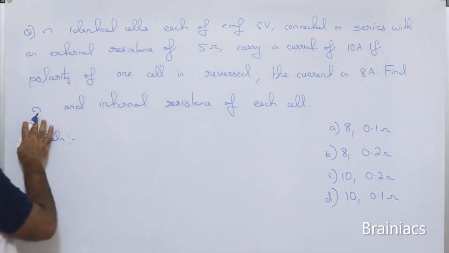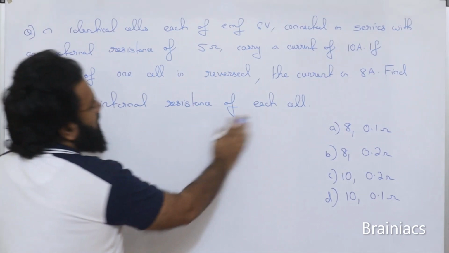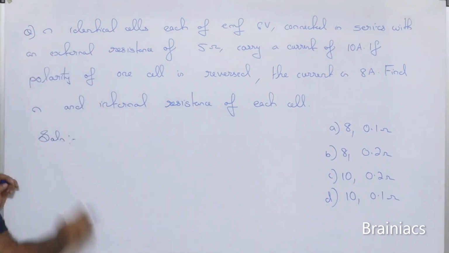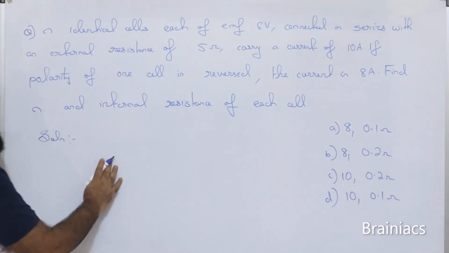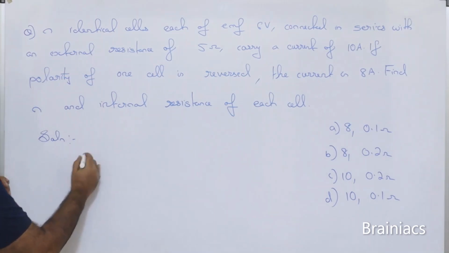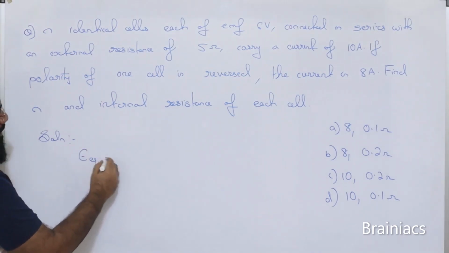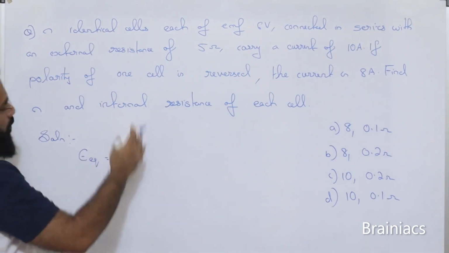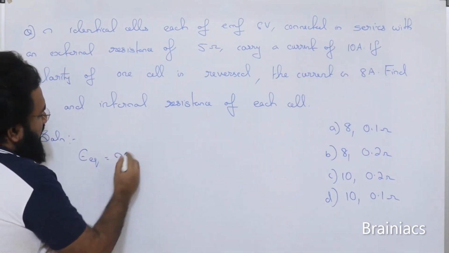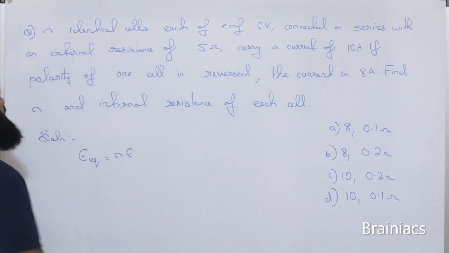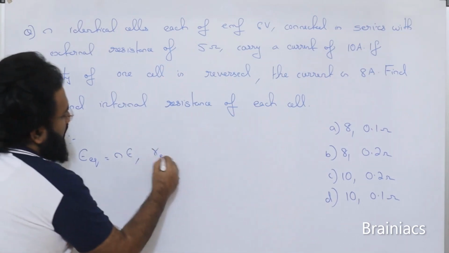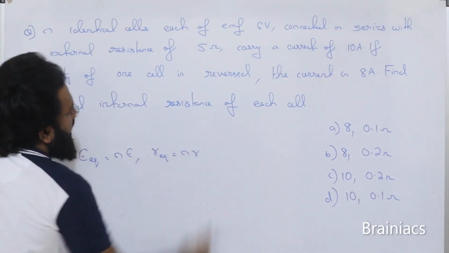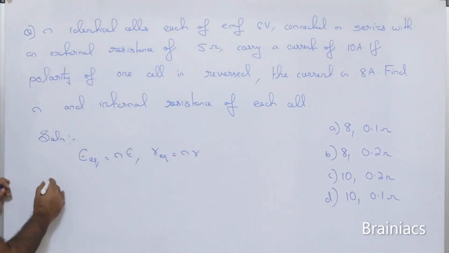Find the number of cells and internal resistance of each cell. So when n identical cells are connected in the same polarity, equivalent EMF is going to be nE, and equivalent internal resistance is nr.